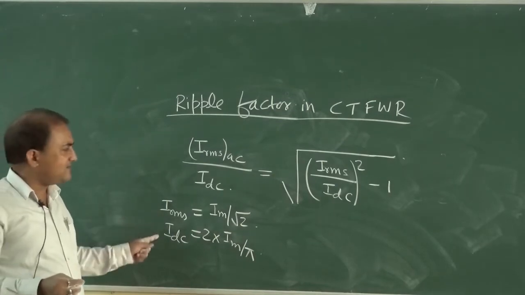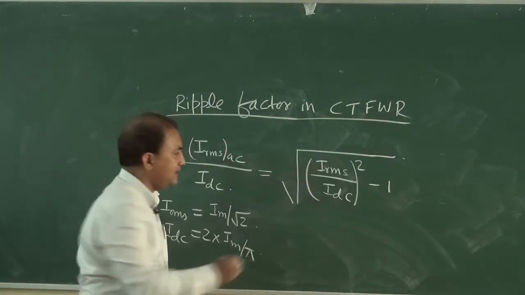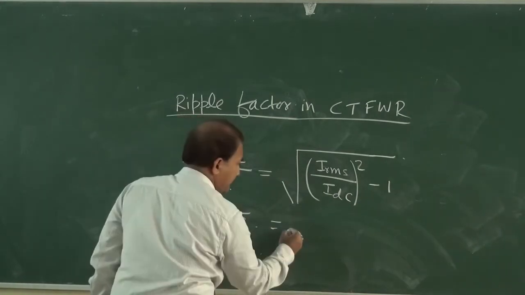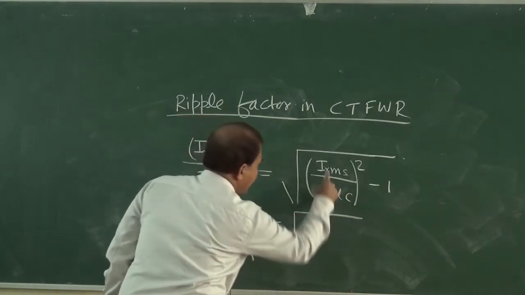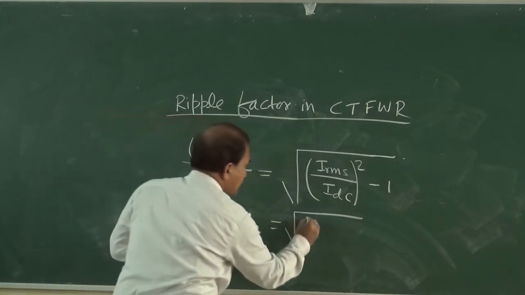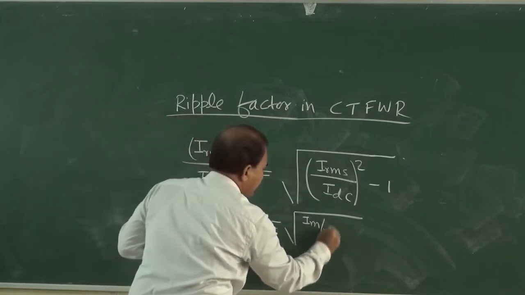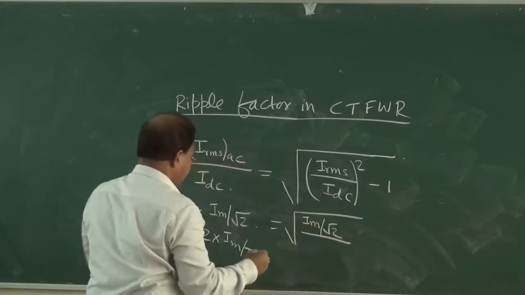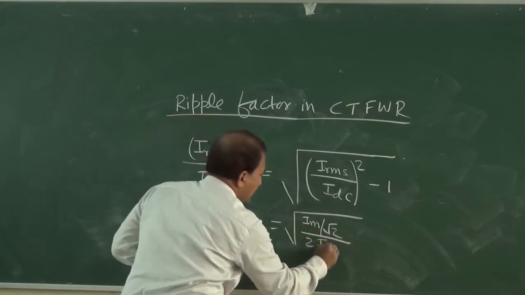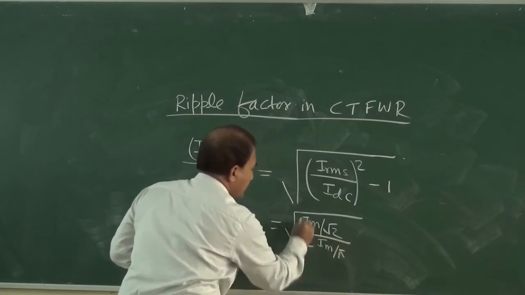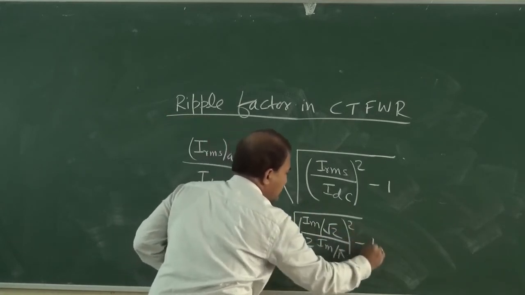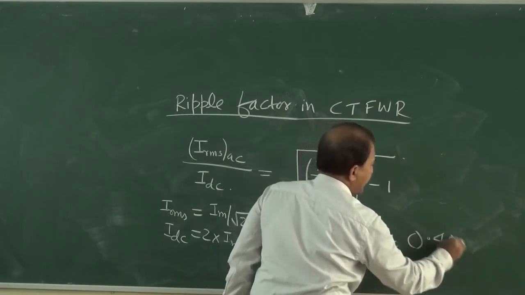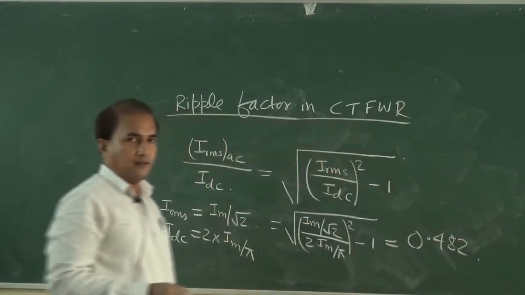If we put these values in this equation, what do we get? It is the square root of (IRMS, Im by root 2, divided by IDC, 2 Im by pi) whole squared minus 1. So it is 0.482.